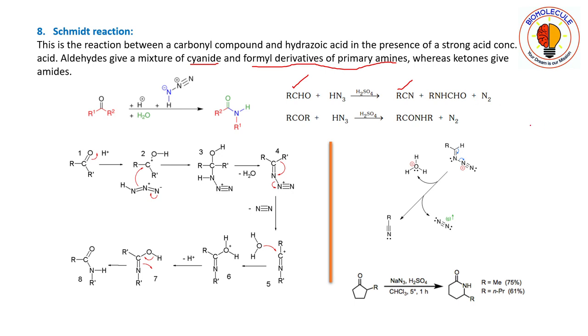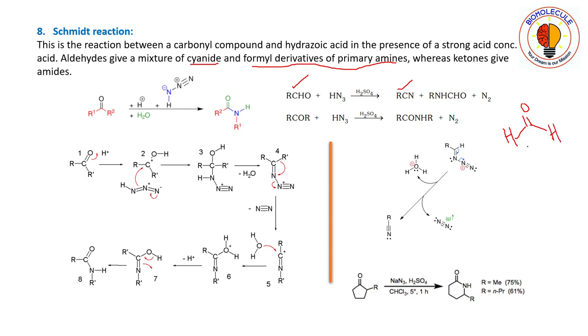Formyl derivatives of primary amines means, here you will be getting this one. This one is formaldehyde.